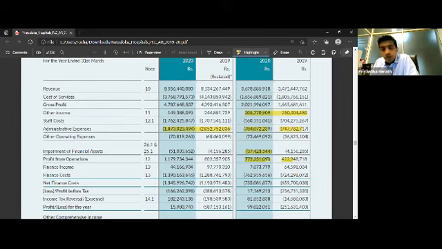In normal scenarios, to increase profit, you need to increase your revenue, sales or income, right? So in this case, the profit increase is much higher than the revenue increase. Therefore, we need to understand how they improved profits, whether they controlled their direct cost, whether they controlled their salaries, whether they controlled their other overheads, right? Is it practical to reduce, right?